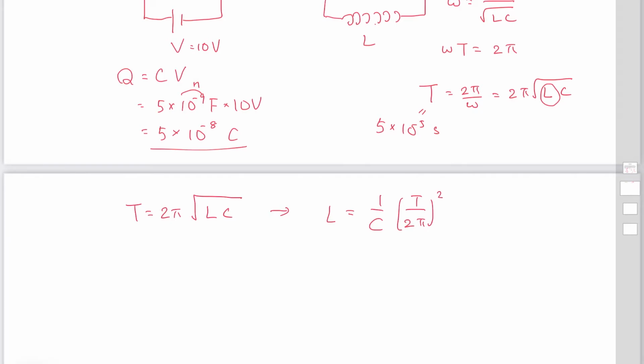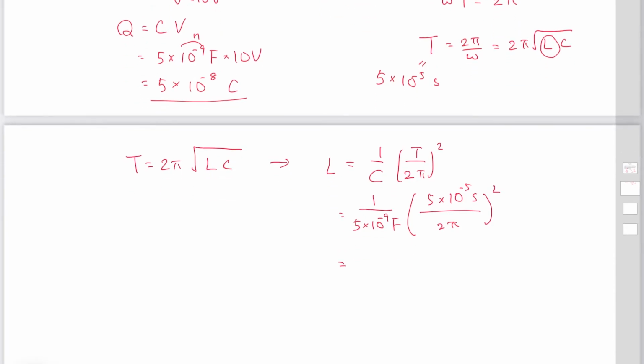Then substitute. C is 5 nanofarad, 5 times 10 to minus 9 farad, and the period is 5 times 10 to minus 5 seconds over 2 pi, squared.